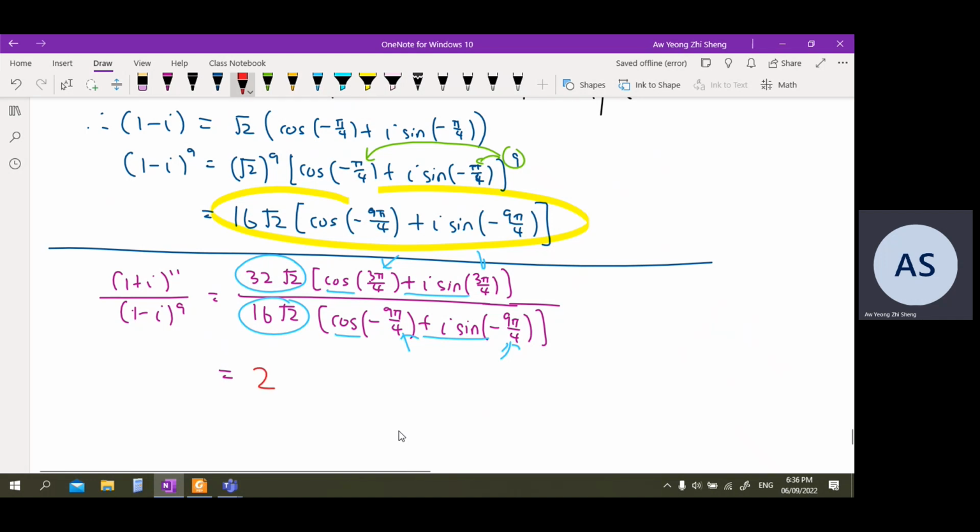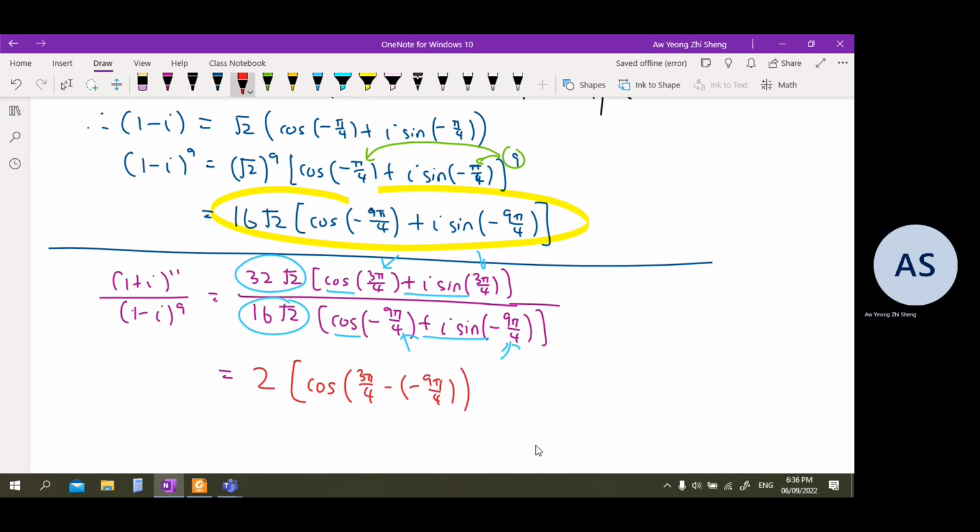2 becomes the new modulus, while the argument will be 3 pi over 4 minus negative 9 pi over 4, cos plus i sine of the same angle, because you would need your answer to also be in modulus argument form when you apply the result on page 21.